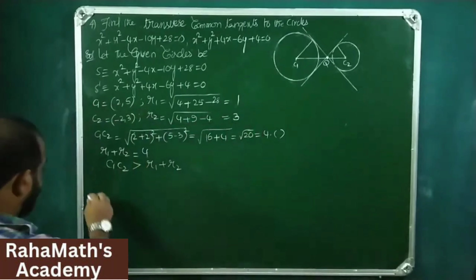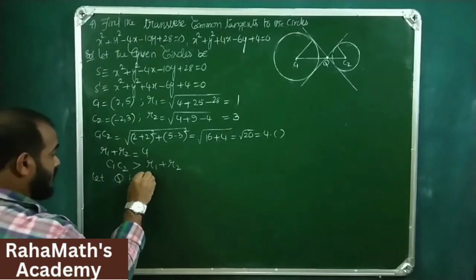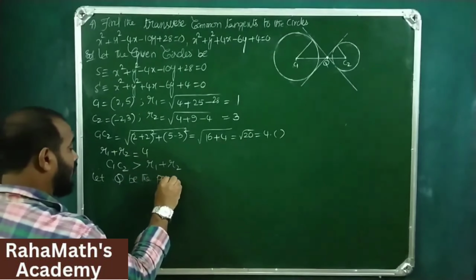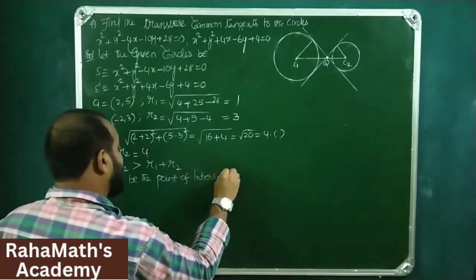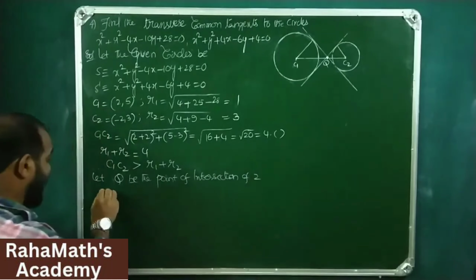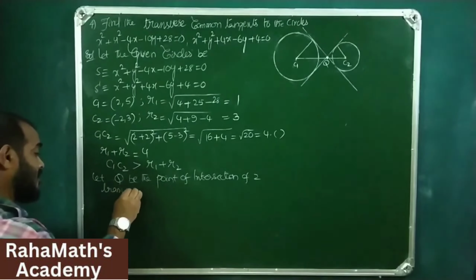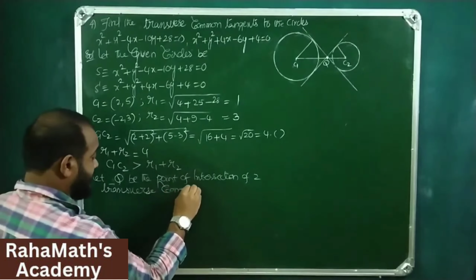So let Q be the point of intersection of the two transverse common tangents.